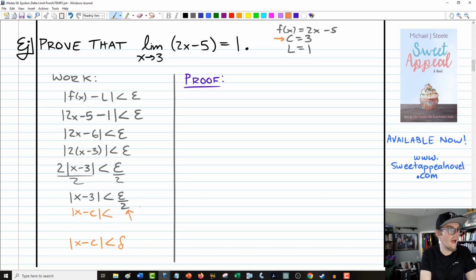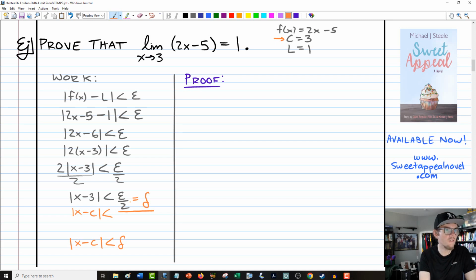So we have arrived. We have done what we are looking for. We have found the formal connection that we need between these two. We're just going to choose epsilon over 2 to be our delta. Whatever that distance is we want to be away from our limit value in the y direction, we'll just let delta be half of it, and then we'll guarantee that we get the closeness in y that we are looking for. So let's see what this ends up looking like.